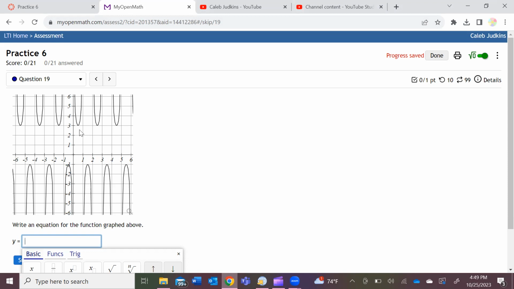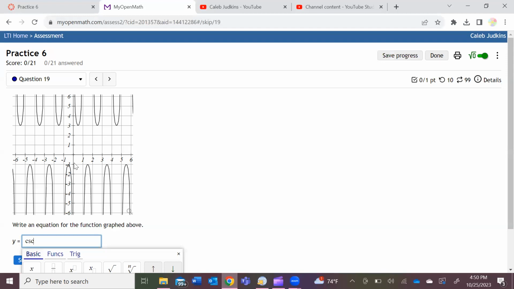Well, first of all, we can look at this graph and kind of tell that this is meant to be a cosecant graph. So that's the first thing that I see. Why I say that is because this asymptote is at 0, which means the normal function would be crossing the midline at 0.